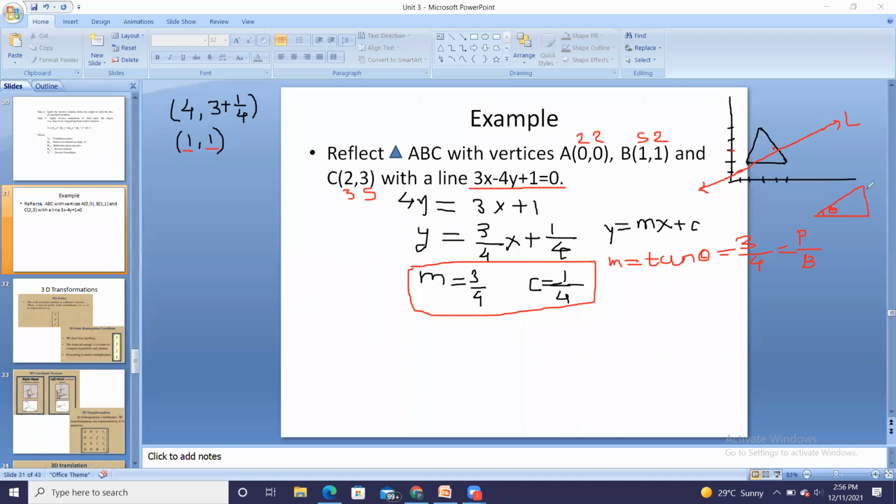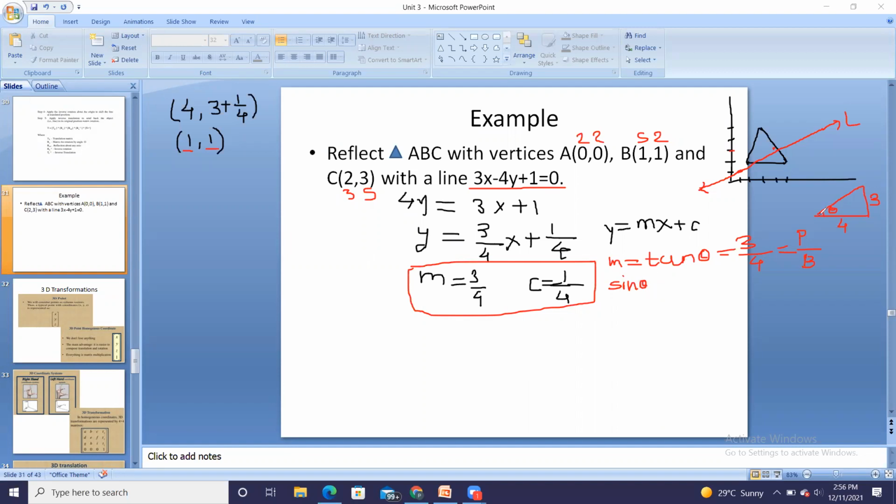So I can say P is the perpendicular side and B is the base. So this P will have value equal to 3 and this B will have value equal to 4. Now, as I have this, can I find out sine theta and cos theta?